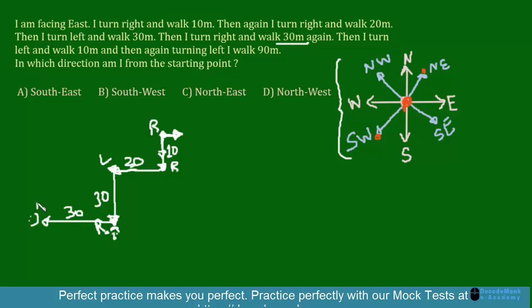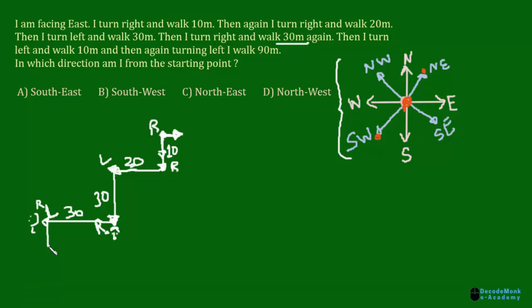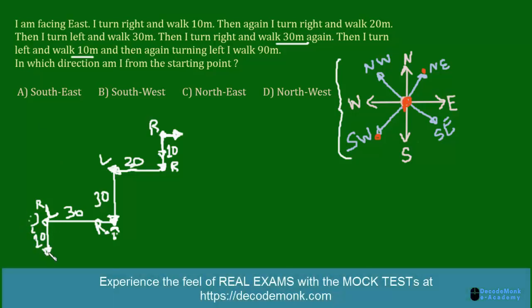My right hand is over here and my left hand is over here, and it says that I turn left. So I turn left. So I will be turning in this direction and I walk 10 meter. So this is your 10 meter. Then again I turn left. So if I am looking in this direction, then my right hand will be here and my left hand will be over here.